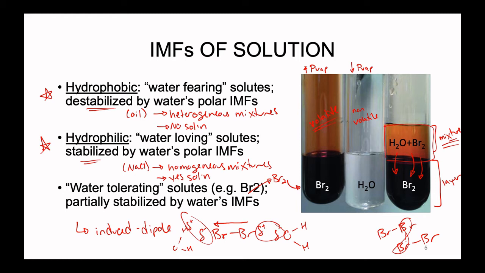There are other molecules like bromine that we would call water tolerating. So long as they are small molecules, they can be coaxed into bonding with water through some type of polar bond or some type of charged bond. But the larger the nonpolar molecule, the more and more hydrophobic it will become.